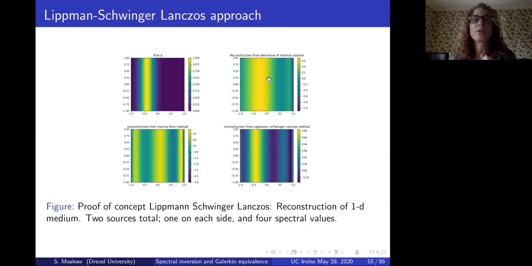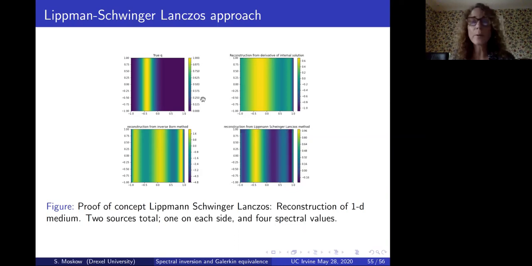But if we use the internal solution and reconstruct Q from taking the Laplacian, we get this sort of smoothed out thing, which goes up to 0.6 and is spread out. But if we do the reconstruction from the Lippmann-Schwinger equation, putting the Lanczos internal solution into the Lippmann-Schwinger equation, we get something much closer to the true solution. And this goes up to 0.96. And you see that it's getting closer to being thin like the actual Q.